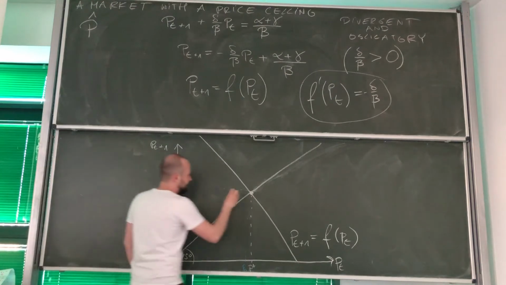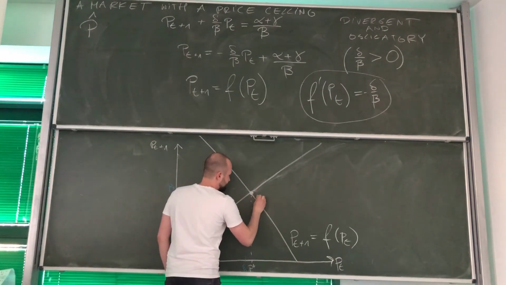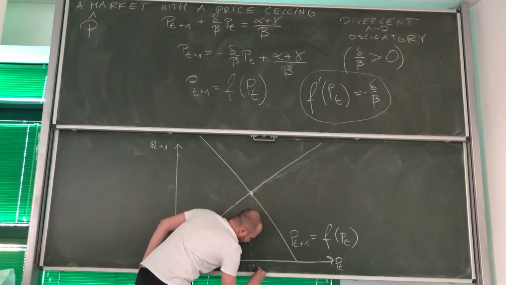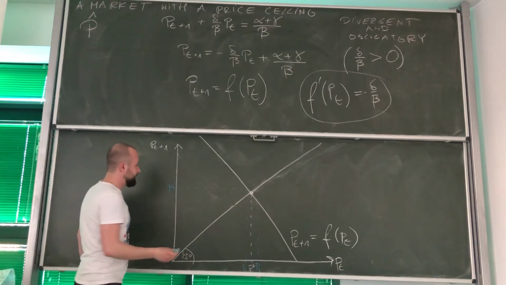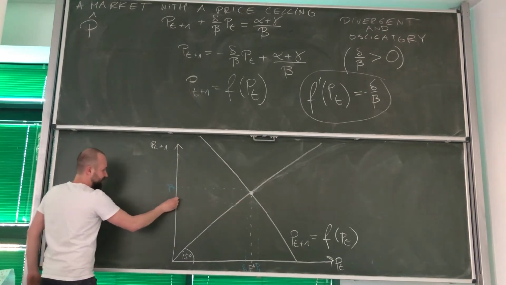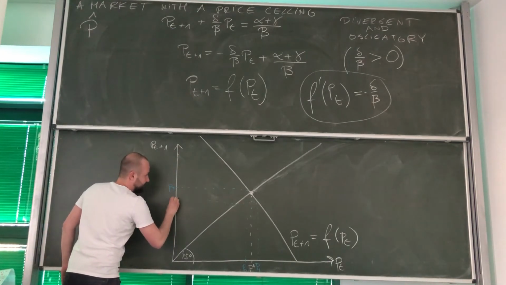And then, if the price is P1 this period, then the next period price is going to be P2.